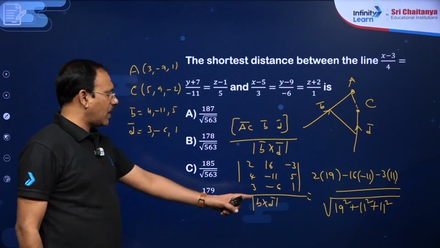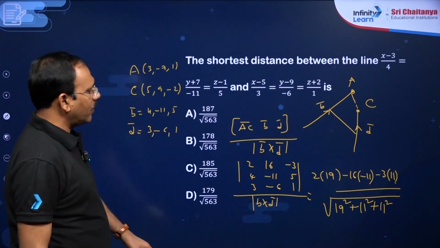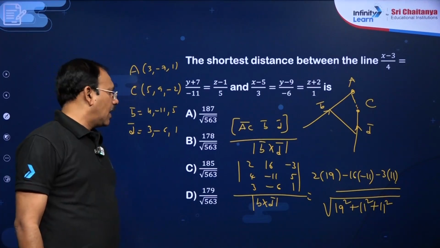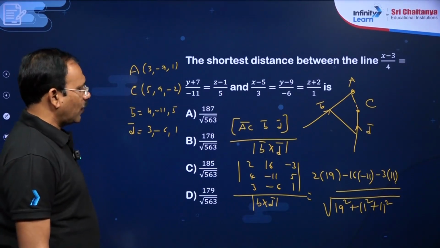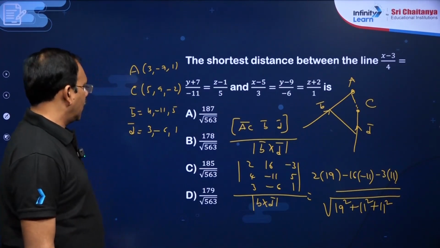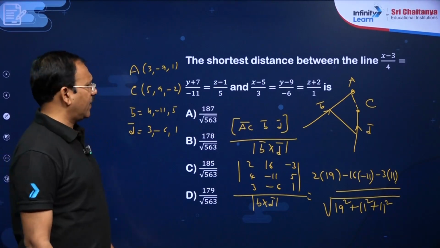So, this is square root of 563 you will get, and numerator also you can simplify, 160 and 176 and 38. So, you may get 178 or 179, you can simplify, that is it.